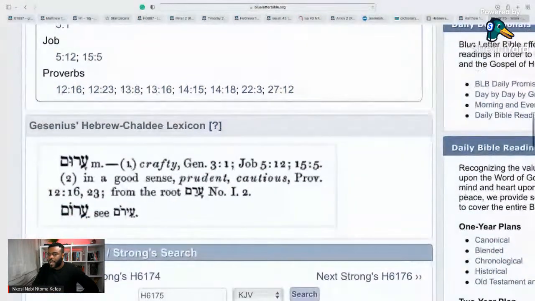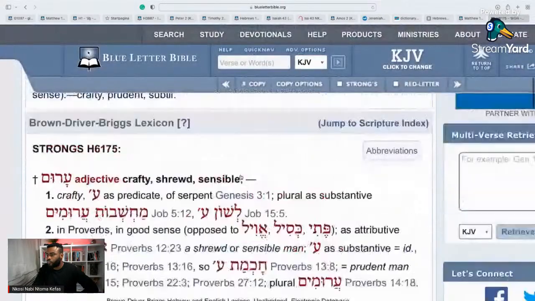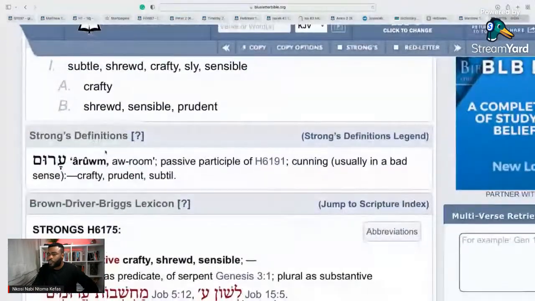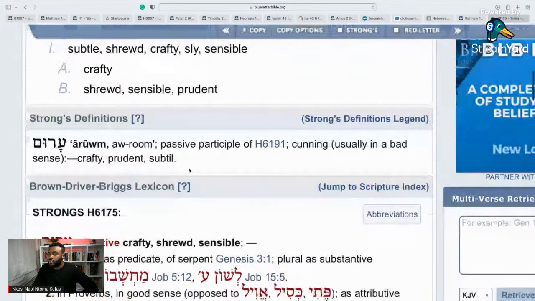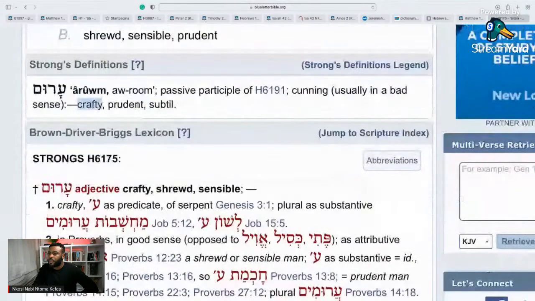Here, crafty, in a good sense, prudent, caution. Definition: subtle, shrewd, crafty, sly. And the Strong's definition, arum: cunning, usually in a bad sense, crafty, prudent, subtle. So it also means crafty and prudent.